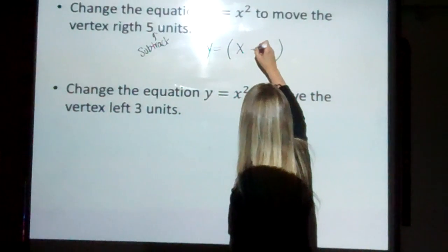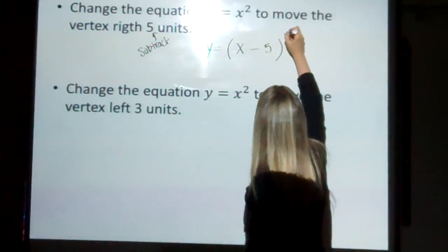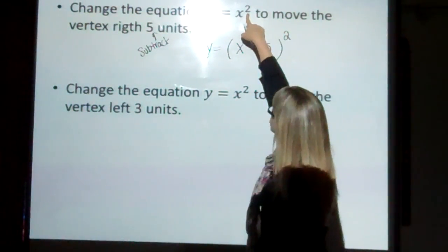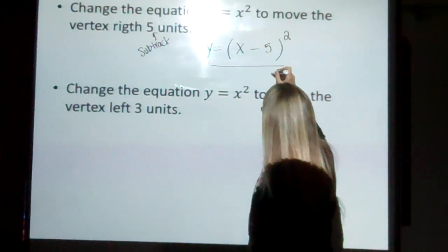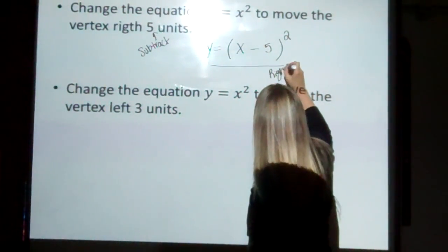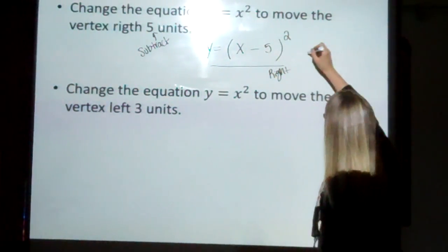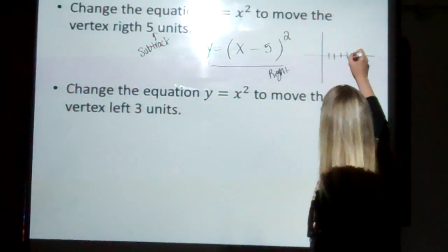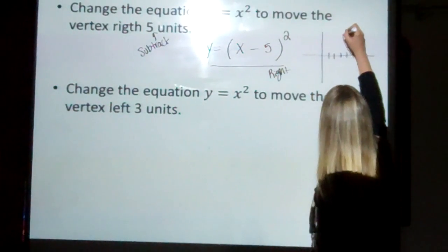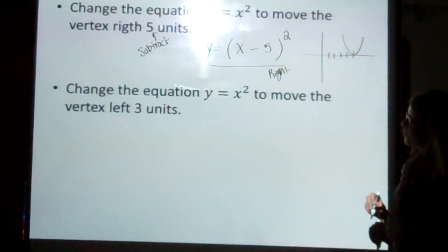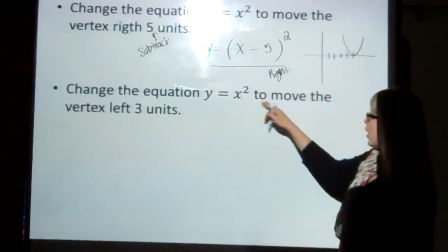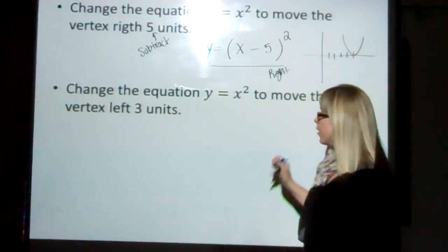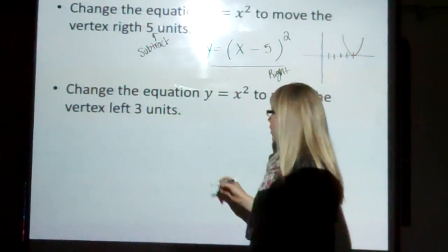So it's going to say x minus 5 in parentheses, and then you add your squared that was originally in the problem. So this is going to go right. What I mean by that graphically is that we go 1, 2, 3, 4, 5 units right, and our parabola ends up there.